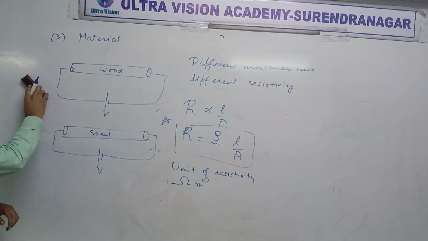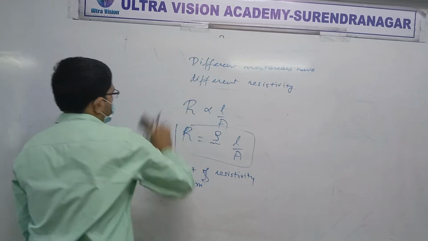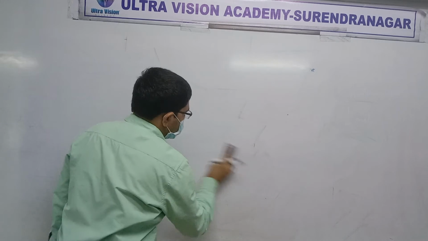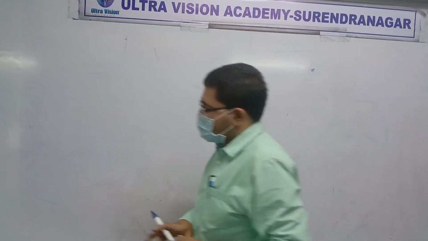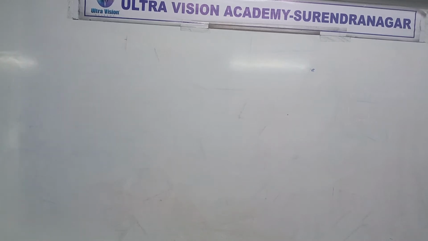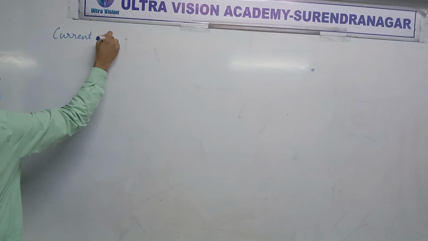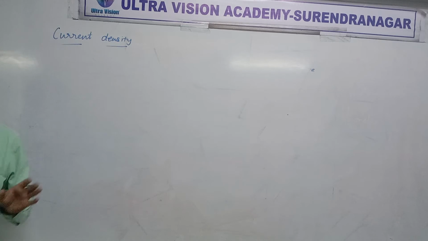Shall I erase everything off the board? Well, let's go over to the next. Now, having covered the basics of R and V and I, let's define a new quantity called current density. Very easy.